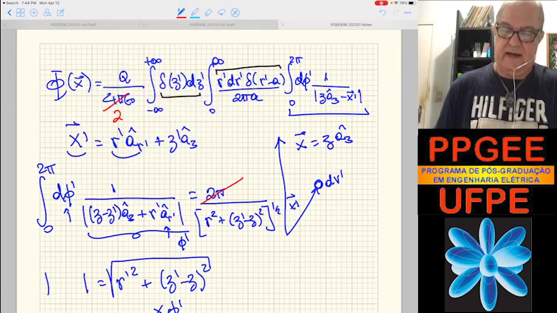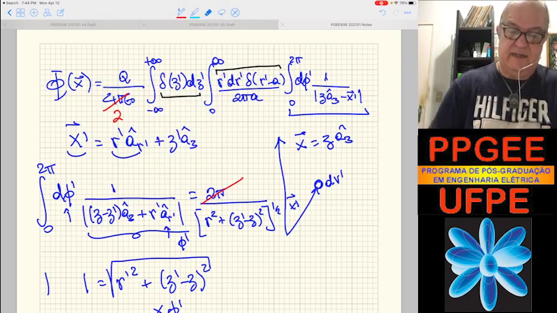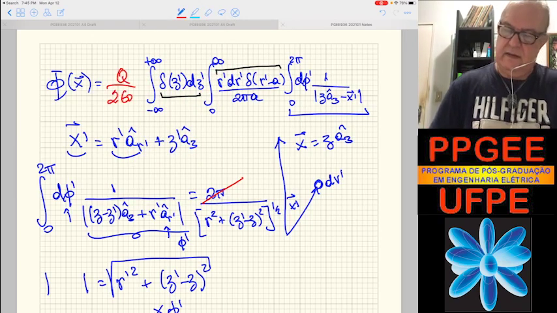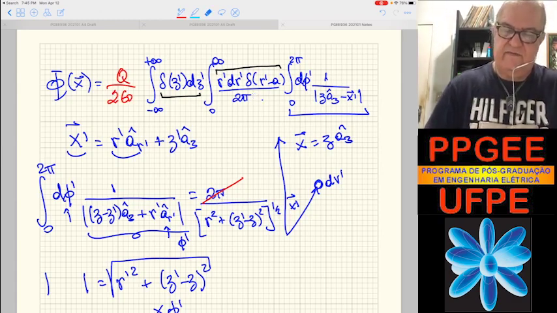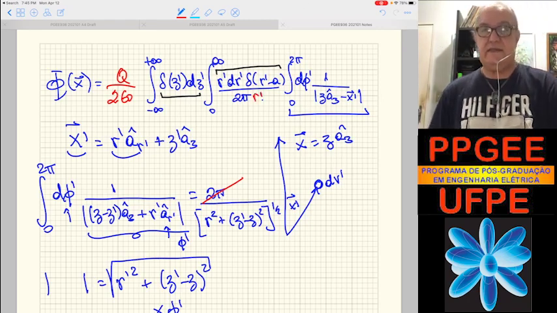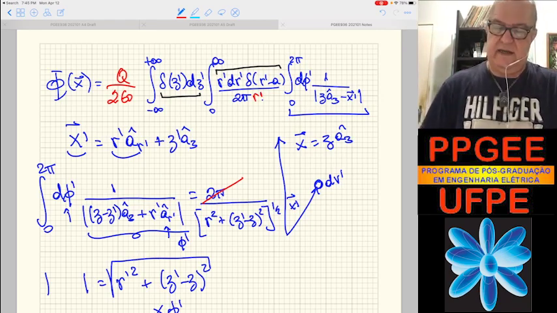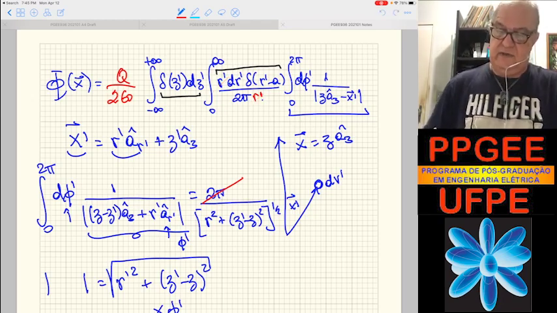So I'm going to have here q, and this one here at this moment is 2 pi r prime, okay? That's the correct expression. It is already going to cancel that here, but let's just leave it as that. So this one is out. Let's erase this thing here.